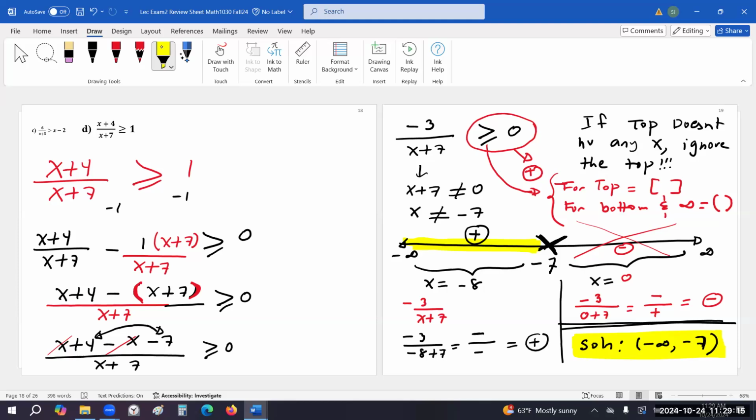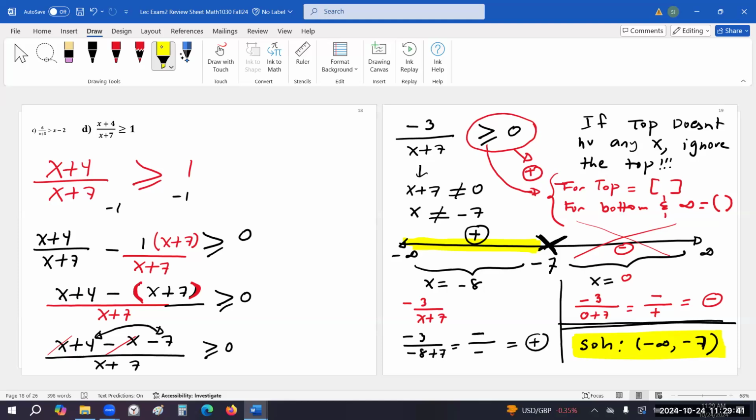Go ahead, Freshly. Because numerator doesn't have any x. It's only a number. So number, we solve for x. Not domain, not range. What makes something, whatever they are looking for.